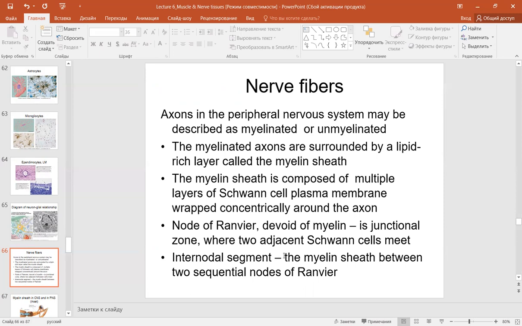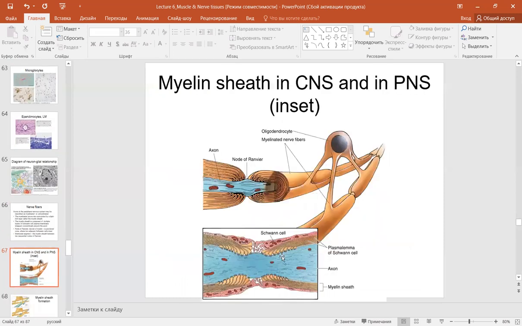And it is important to remember that in the long terminals of the myelinated nerve fibers, the electric impulse is jumping from one node of Ranvier to another node of Ranvier, which is increasing the speed of the delivery of the electric impulse many times fold in comparison with non-myelinated nerve fibers.